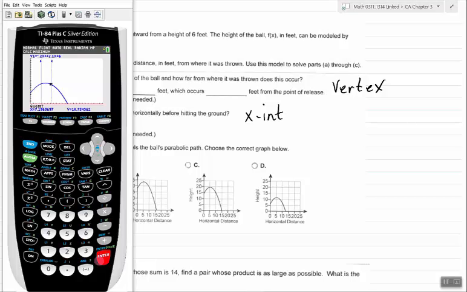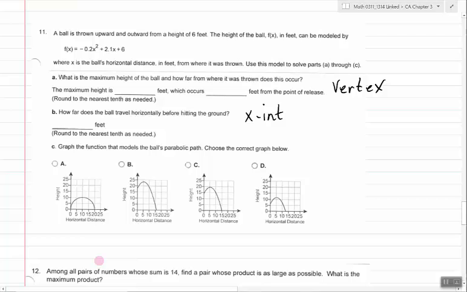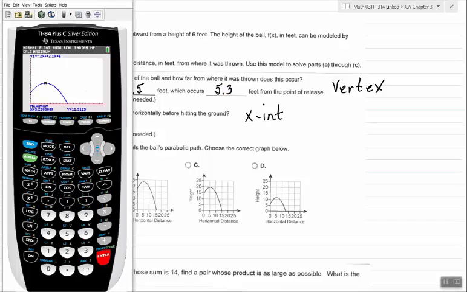Enter. All right, 5.25 and 11.5, because it says to round to the nearest tenth. So the maximum height is 11.5 and it occurs at 5.3, if we round it to tenths.